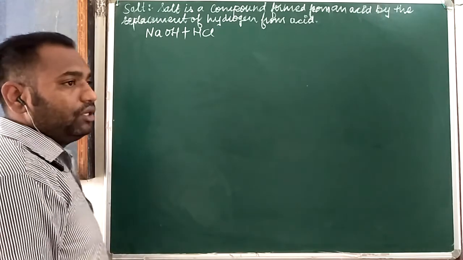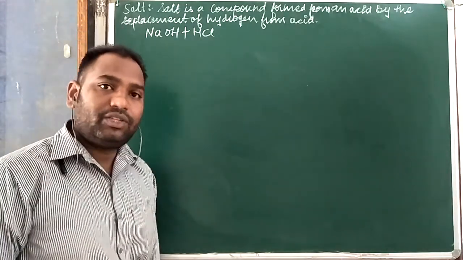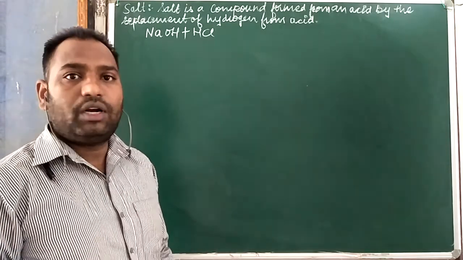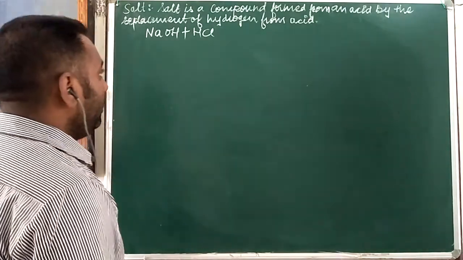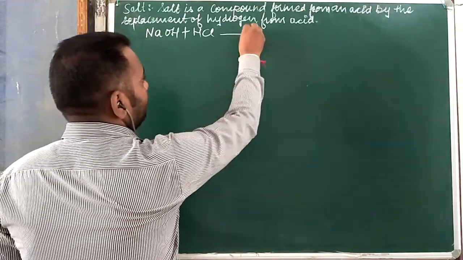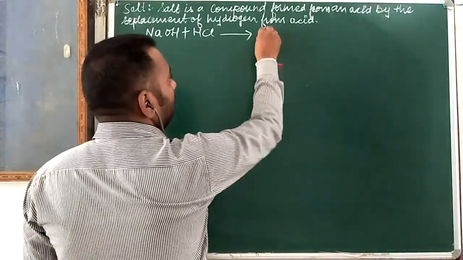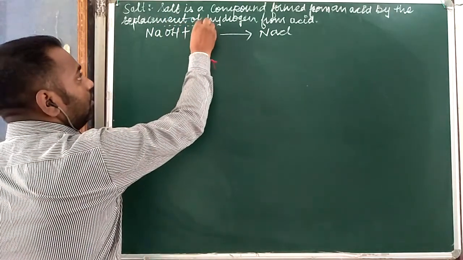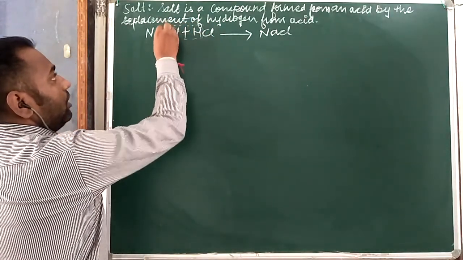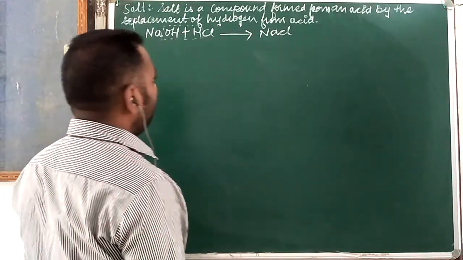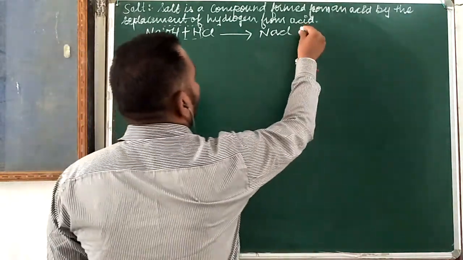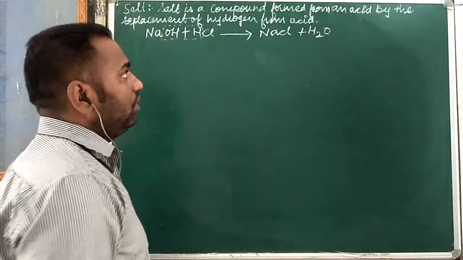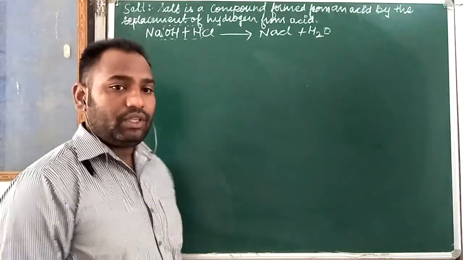You know this is a neutralization reaction in which an acid combines with a base, forming salt and water. So when NaOH reacts with HCl, we get NaCl plus H2O. This is the formation of our salt.